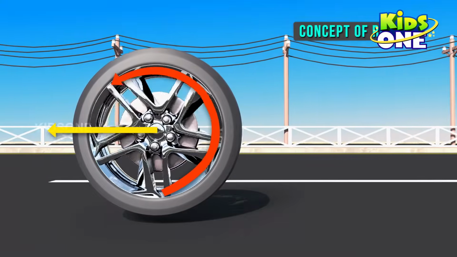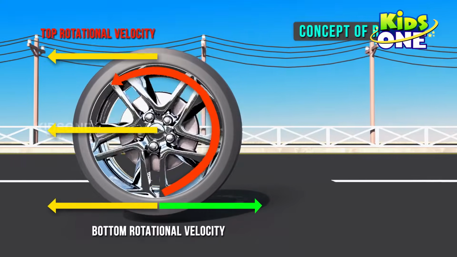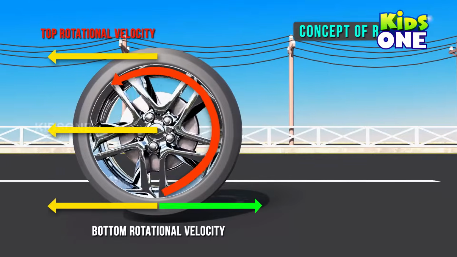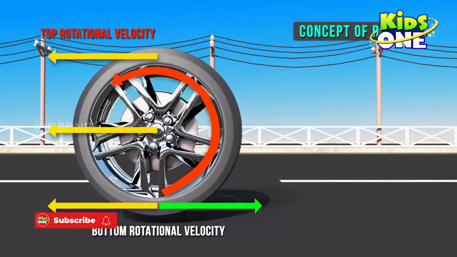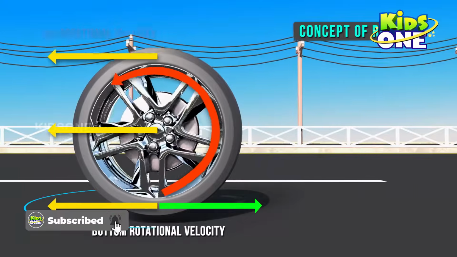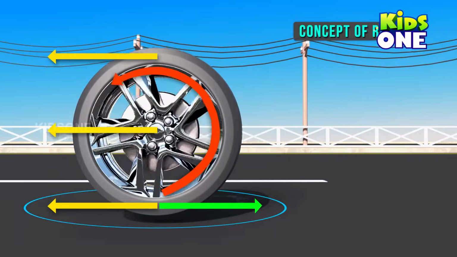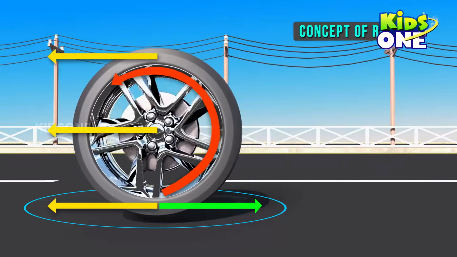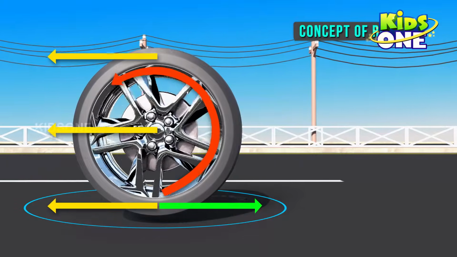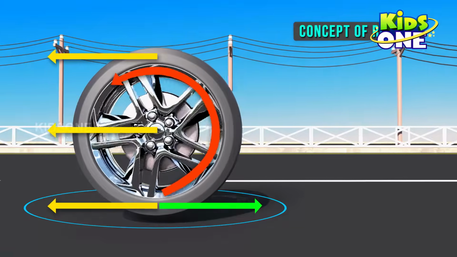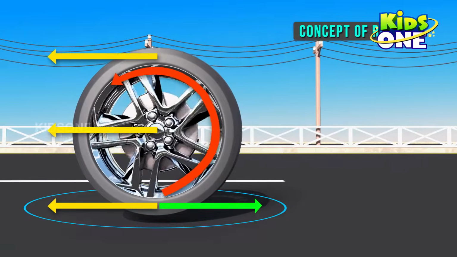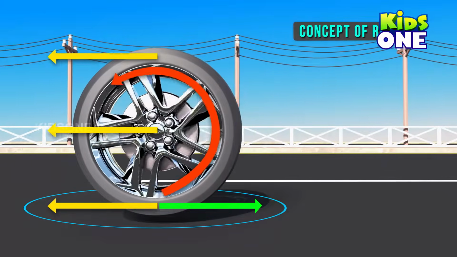Due to this, they have two kinds of velocity: translational velocity and rotational velocity. For non-slip rolling, the sum of translational and rotational velocities at the contact point must be zero. By simply keeping this in mind, one can easily understand the steering concept.